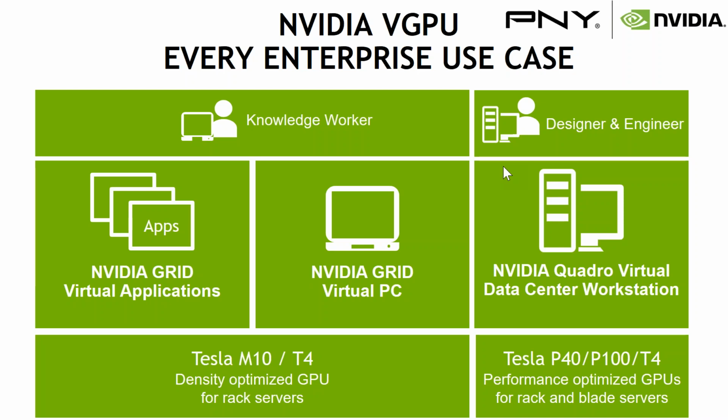So generally speaking, if we're running something like a virtual PC environment, which is the majority of our customer base, we would tend to recommend running something like an M10, Tesla M10, or Tesla M40. Tesla is the name that we give to our server class of GPUs. So these cards are designed to sit in data center environments in certified GPU servers.